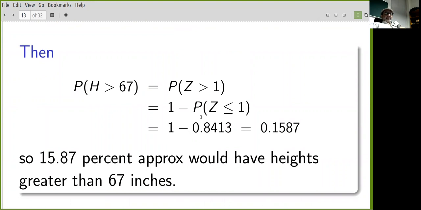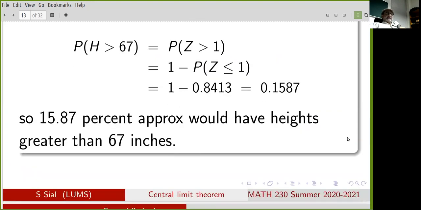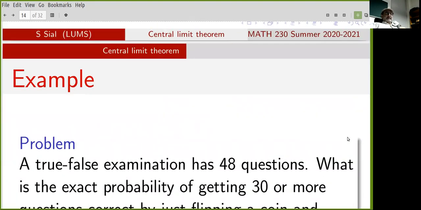From your CDF table, the so-called Z table, you would get 1 minus 0.841. That's 0.1587. So approximately 16% of women would have heights greater than 67 inches if what we were saying is true.